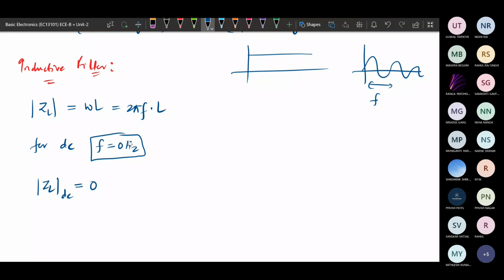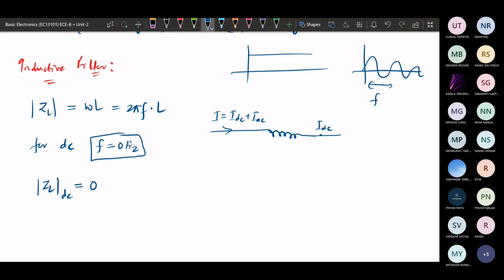If a current is flowing that has a DC value plus an AC value and is passed through an inductor, at the output we will get only the DC, because for DC the resistance offered by the inductor is 0.